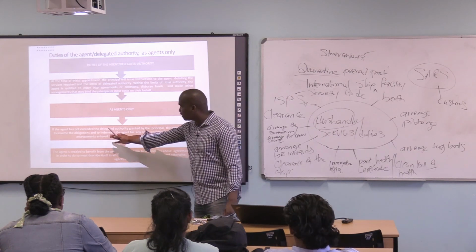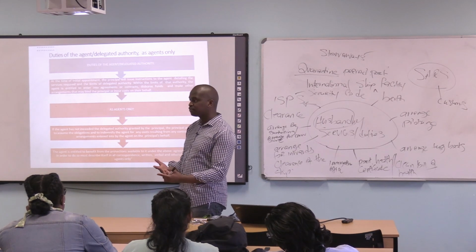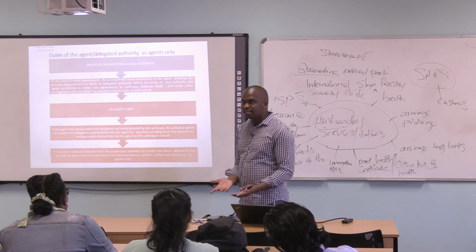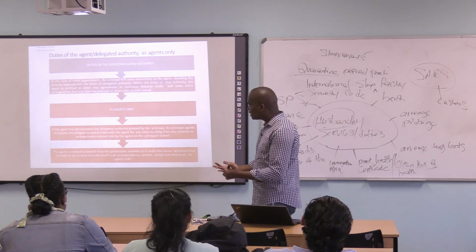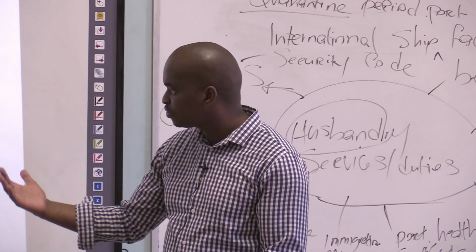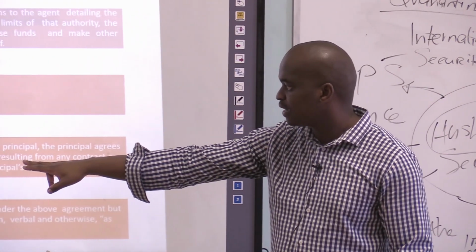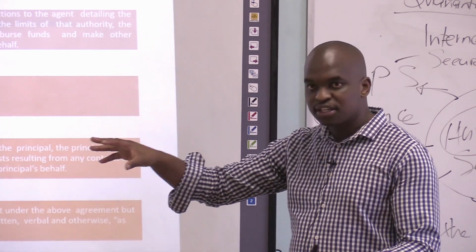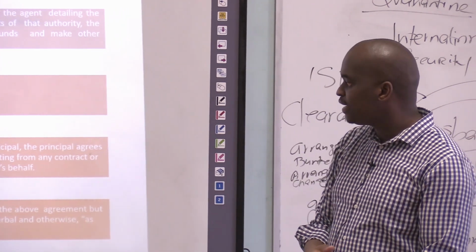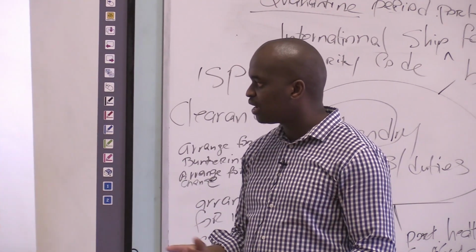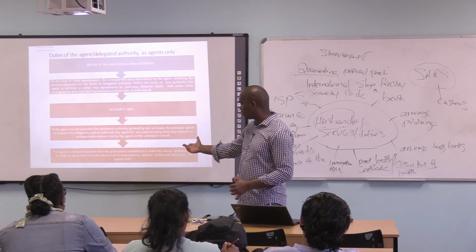So to indemnify someone is to free them from any obligation, basically, or free them from any responsibility. Do you understand? So in case the agent has not exceeded the delegated authority granted by the principal, the principal will assume the obligations and indemnify the agent for any cost resulting from any contracts or arrangements that would have been entered into by the agent on behalf of the principal.